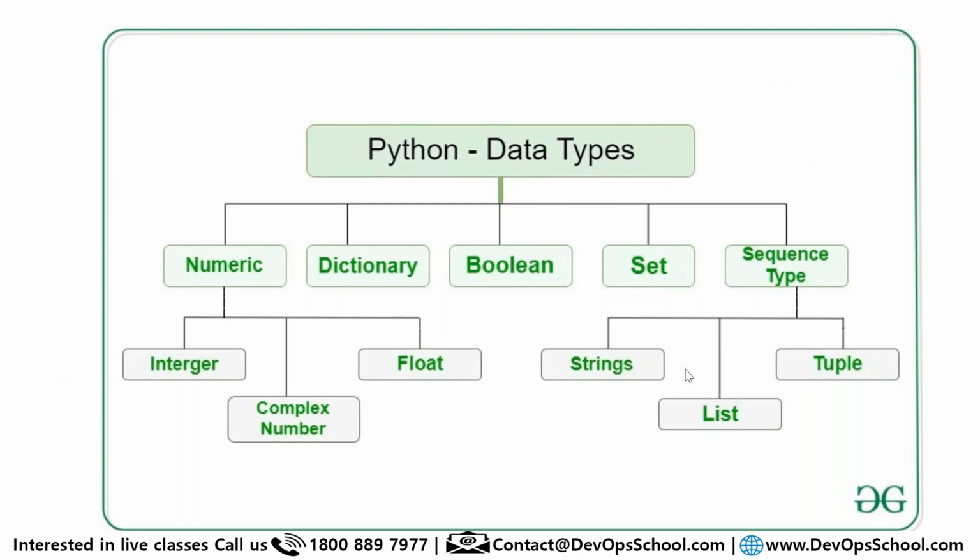Every year some more data types get introduced because of the changing dynamics of the computing world. So this is a legacy sort of view. You see numeric, dictionary, Boolean, set, and sequence type. Under numeric you have integer, complex number, and float. Under the sequence type you have string, list, and tuple.